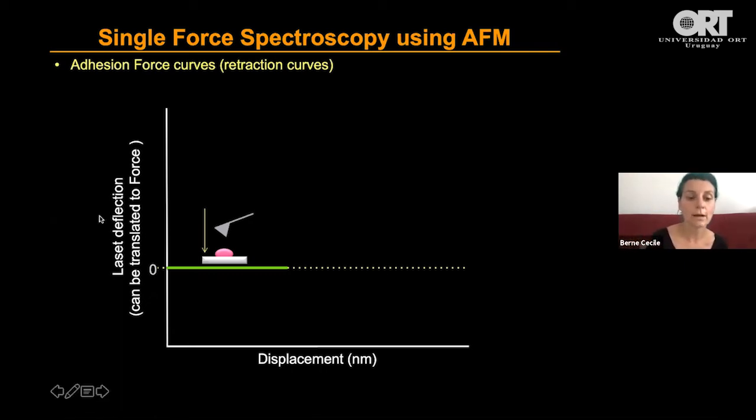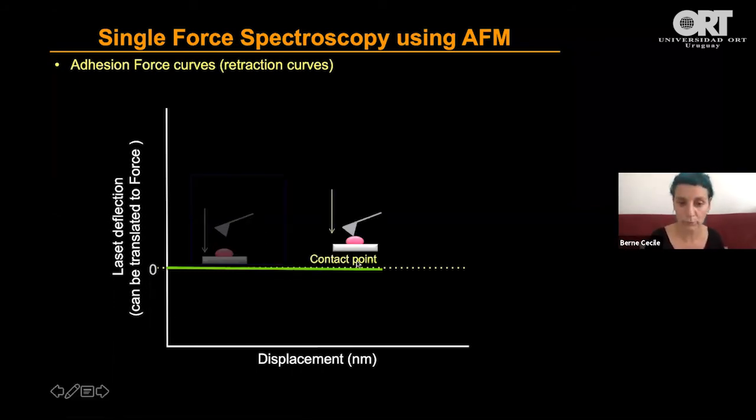Right now our tip is going down on the surface. What we are looking at here, the green line, is the deflection of the laser on the photodetector, which means the position of the tip. The tip is free, so the deflection is constant until we reach the point of contact.